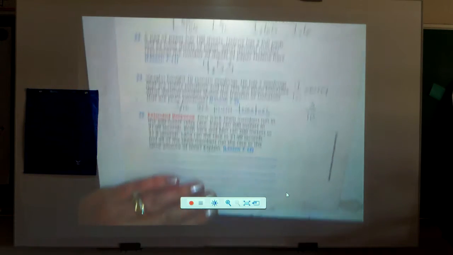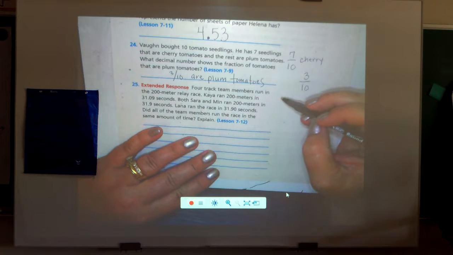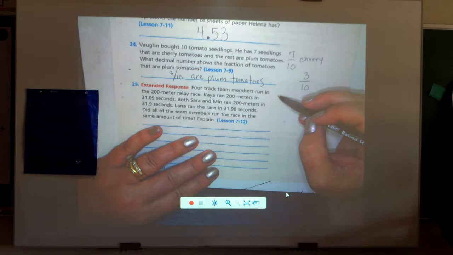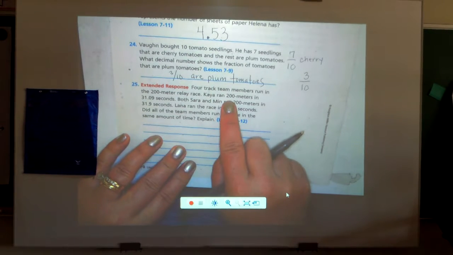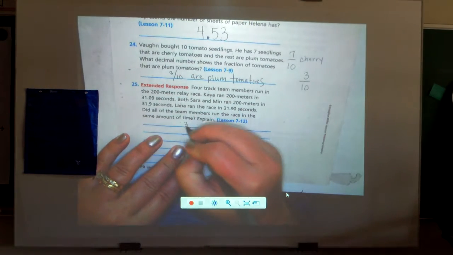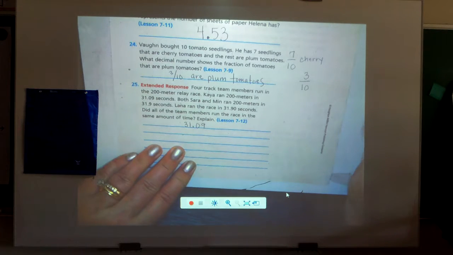And the last one on the page says 4 track team members run the 200-meter relay race. Kaya ran 200 meters in 31 9/100ths of a second.